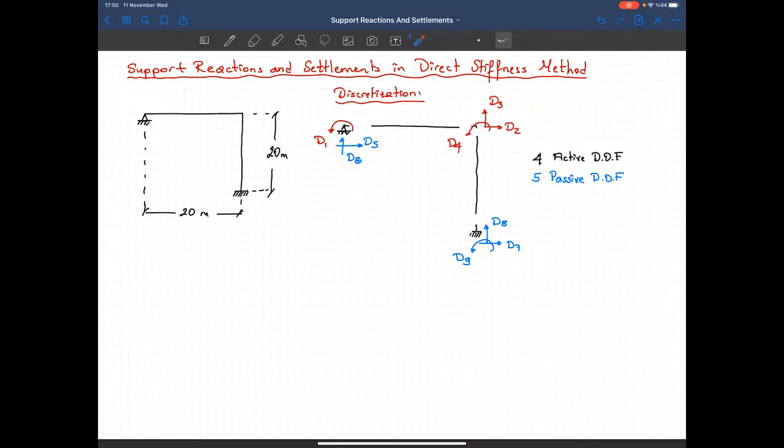And then let's say that we assemble the stiffness matrix. Okay, let's forget about the supports, and I assemble the stiffness matrix, a 9 by 9 stiffness matrix, as if there are no supports.